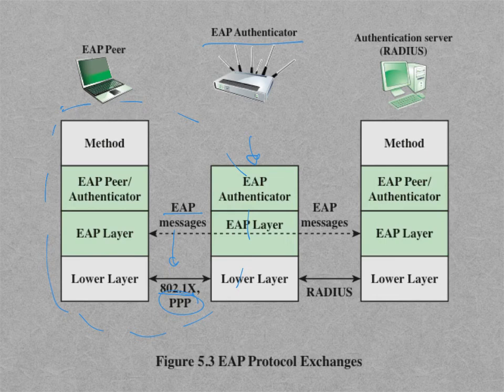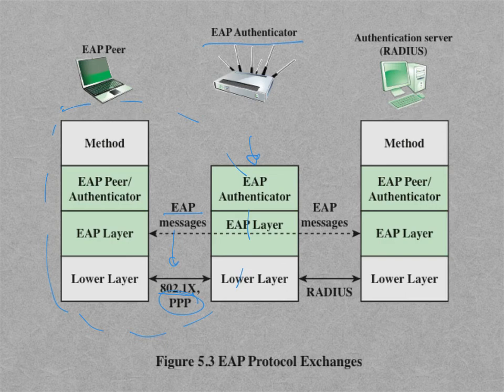Similarly, the EAP authenticator receives all the EAP messages for authentication, but it does not process the EAP header itself. They go through it. It doesn't even look at it.